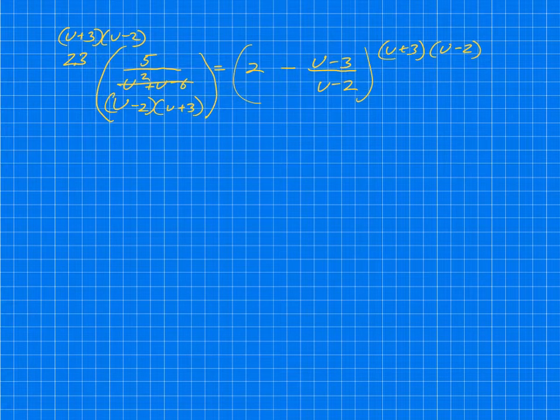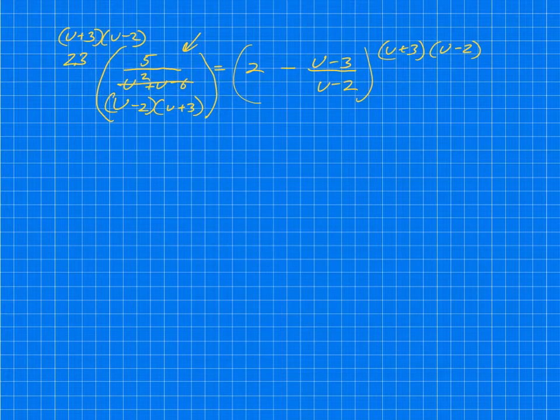All right. So the left hand side of the equation simplifies pretty nicely. So Regan, what do I have for that? Point to the first term here. When I multiply that, it becomes u plus 3 and u minus 2.